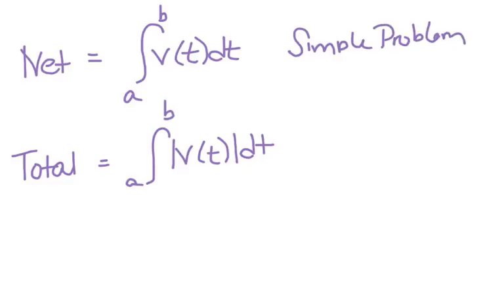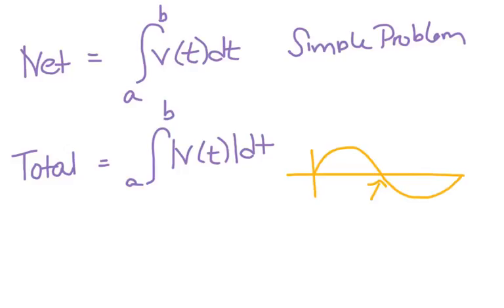Total distance, we have to worry about where it's positive and where it's negative. So we're going to have to do a little quick drawing of the velocity and understand where the velocity is negative, and we're going to have to do two integrals. We're going to have to integrate it separately if we don't have a calculator.